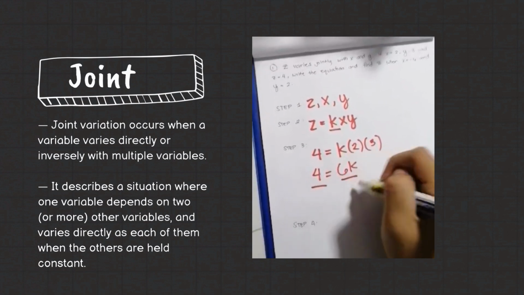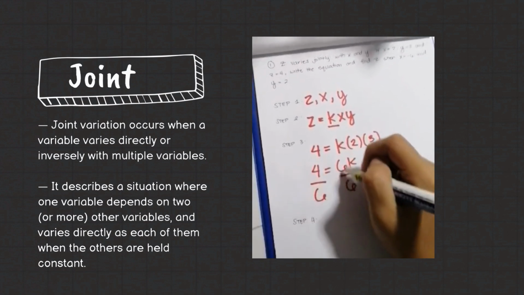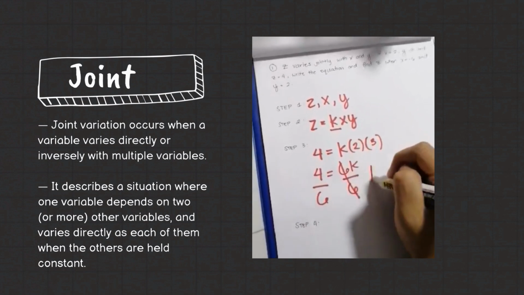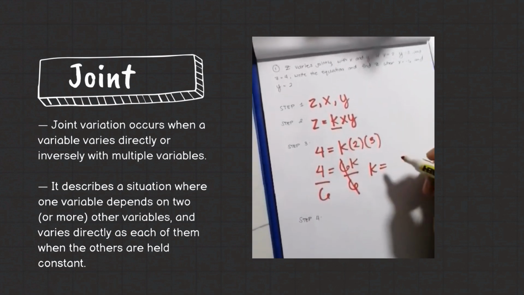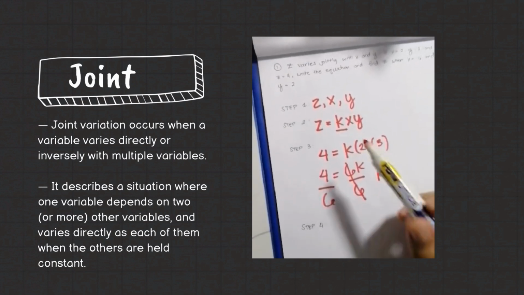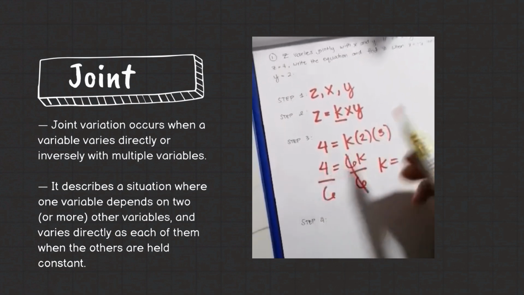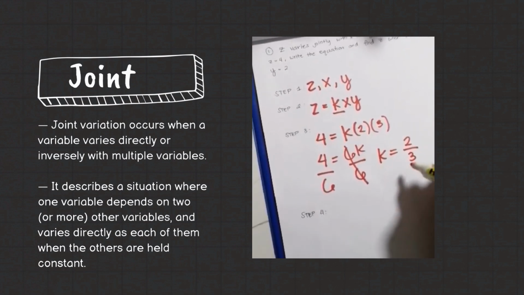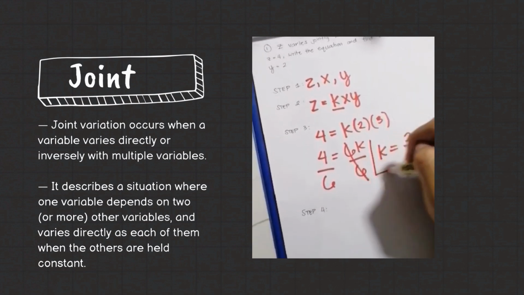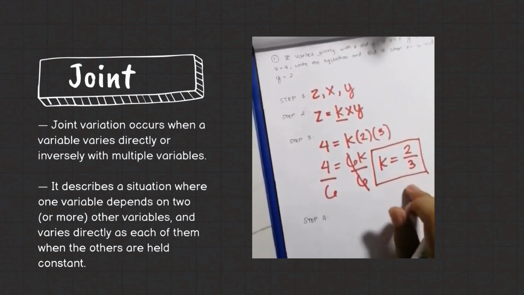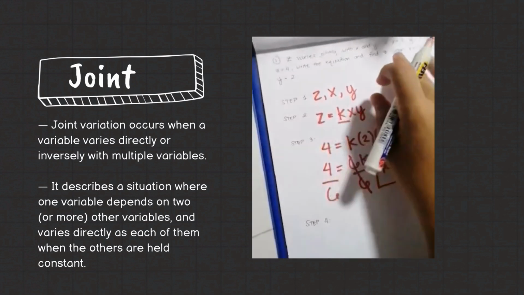Then we need to eliminate the 6 by dividing, so k is equal to 4 over 6, or in lowest terms, 2 over 3. Now this will be your constant term.